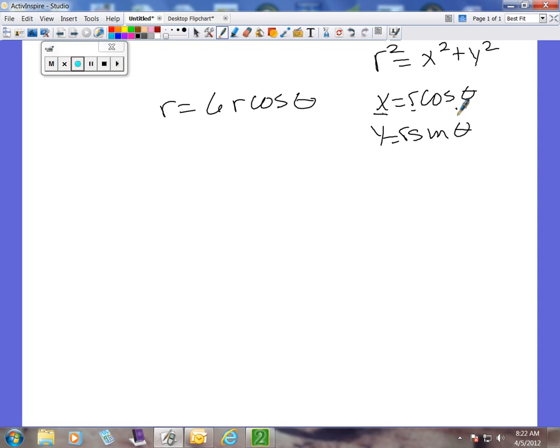Now, we don't have r here, but couldn't I multiply both sides by the same thing? Isn't that a valid algebraic thing to do? So why not multiply both sides by r? Why do you think I'm doing that?